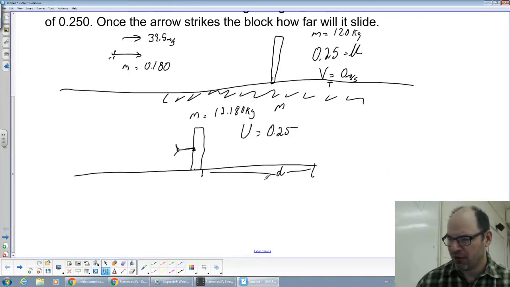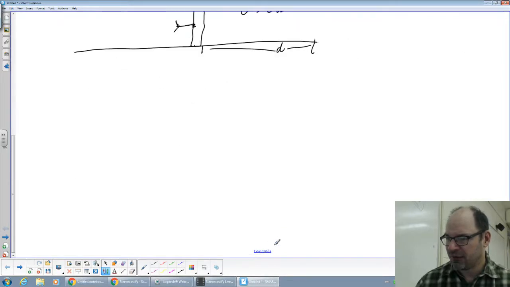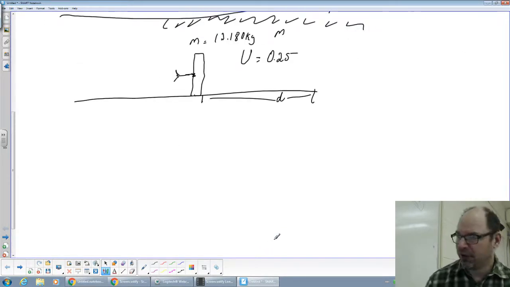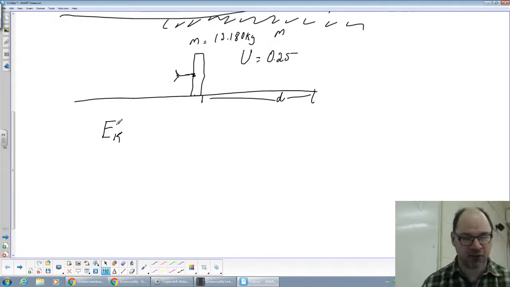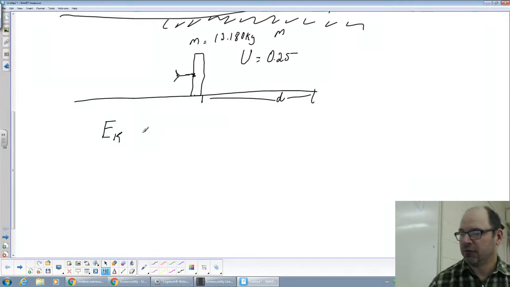So at the top, we take the kinetic energy of the arrow, which doesn't have any gravitational or elastic energy, and we add it to the kinetic energy of the block, which is 0.